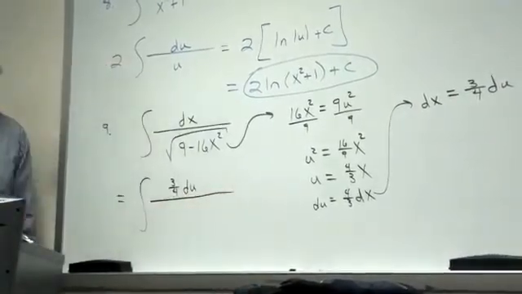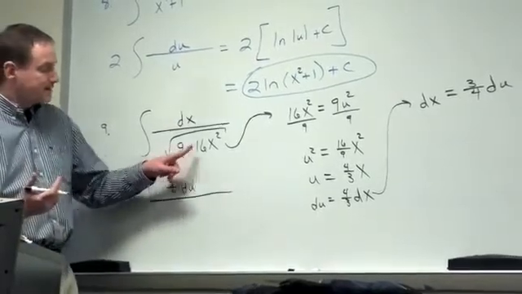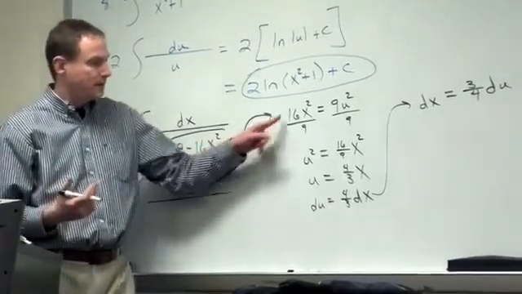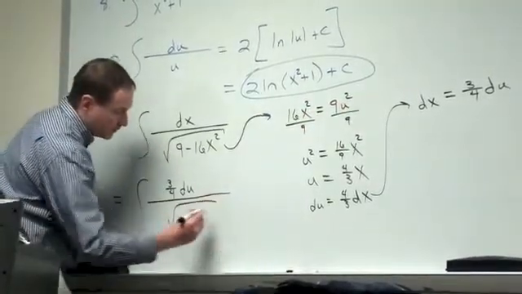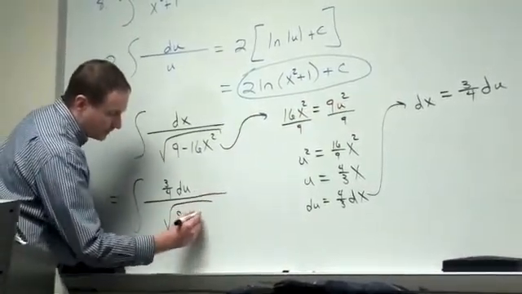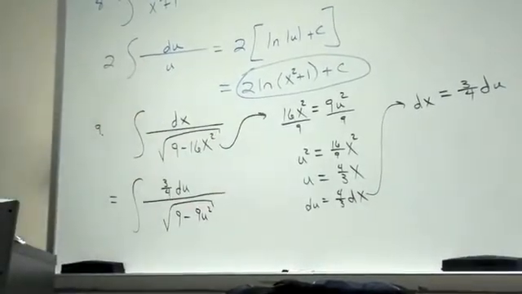In the denominator, the whole point of doing this was so that I could say 16x squared is the same thing as 9u squared. So I'll say the square root of 9 minus 9u squared, and I have this du.